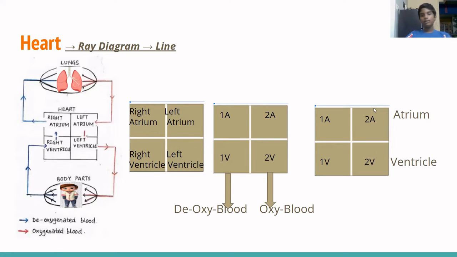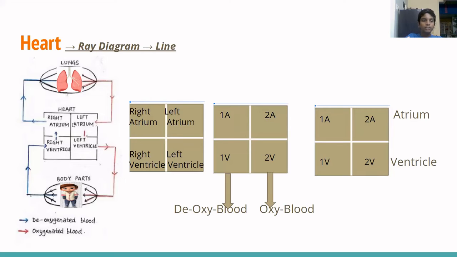Here, the top two are the atrium and the lower two are the ventricles. So this is how the blood flows through the heart. This circulation is also known as double circulation, as it passes 2 times through the heart.